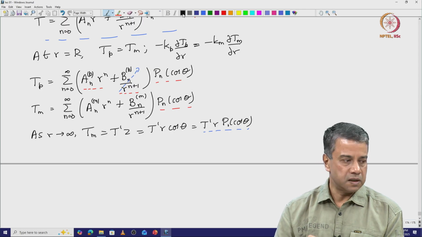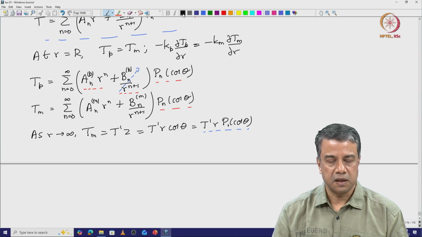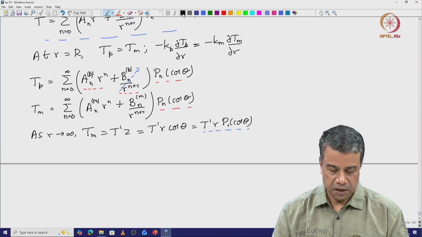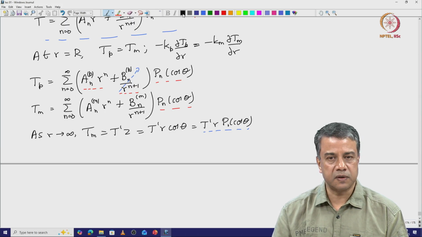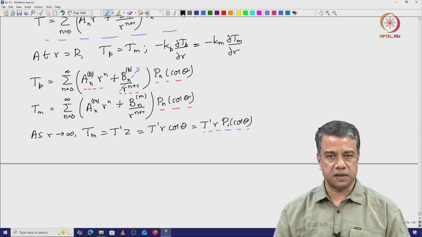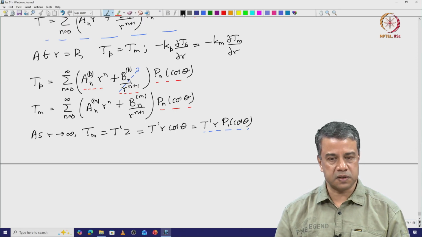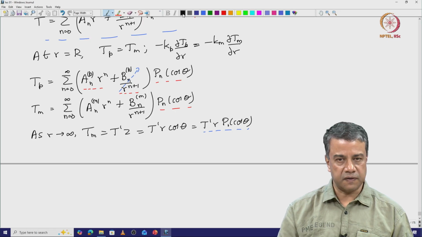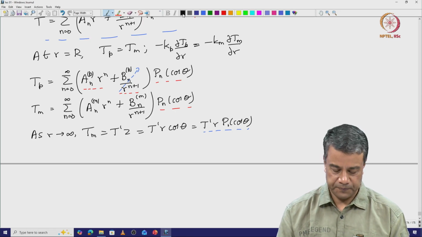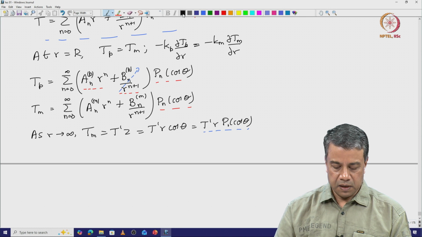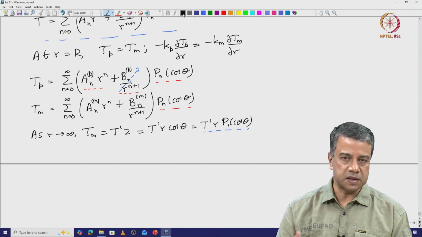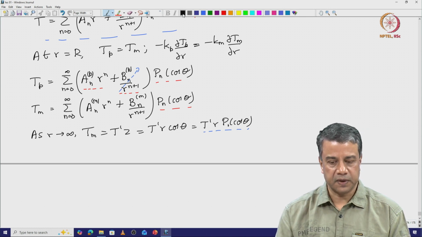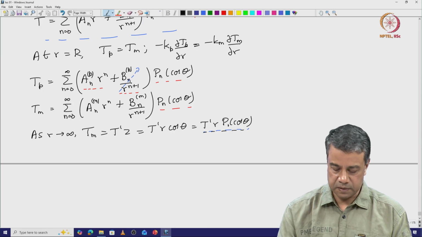The temperature field is finite at the origin, and you have homogeneous boundary conditions at the particle interface, that is, the particle temperature equals the matrix temperature and the flux in the particle and matrix are equal. The only inhomogeneous term is the temperature as r goes to infinity, that is T prime P1 of cos theta.